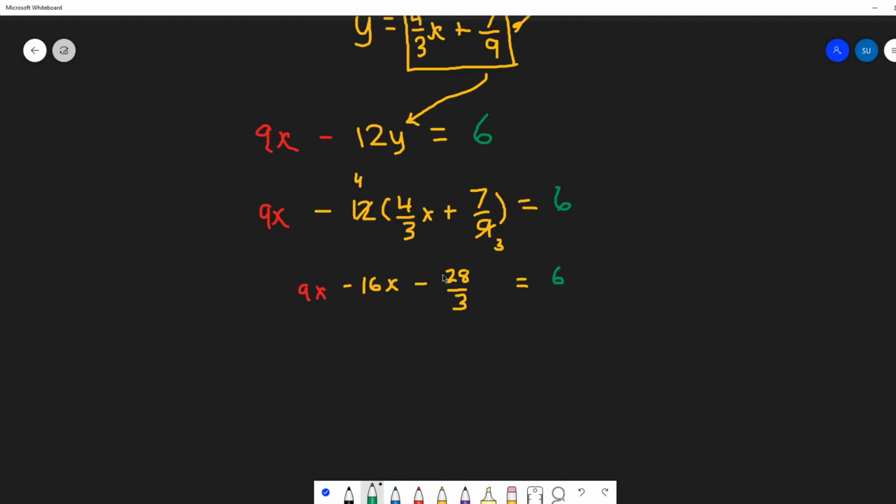So now we can begin to combine like terms and isolate the x's. So 9x minus 16x is going to be negative 7x. And then we're going to add the 28/3 to both sides. After doing that, we get 6 plus 28/3.